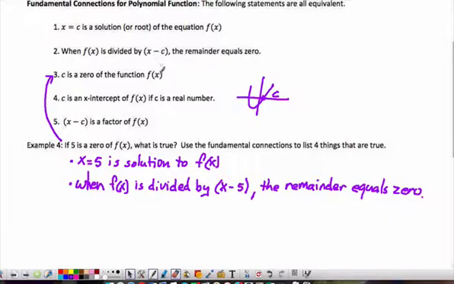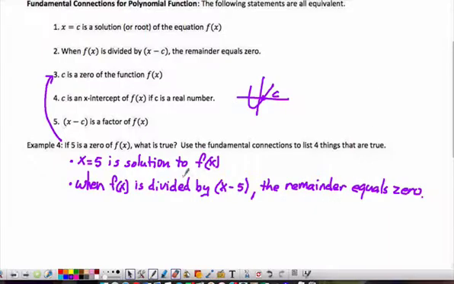Okay, so these are things that you already know, but I want you to be able to actually make this connection between all 5 of these. So if we know that 5 is a solution, then we also know that 5 is a 0 of the function. Then we also know when f of x, when the function is divided by x minus 5, the remainder equals 0.